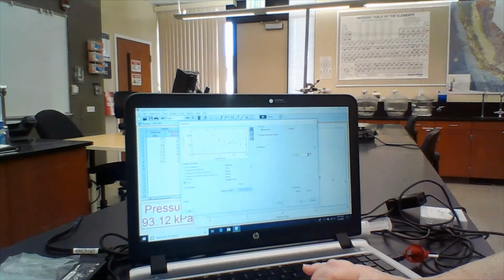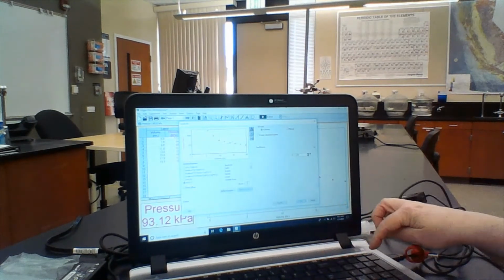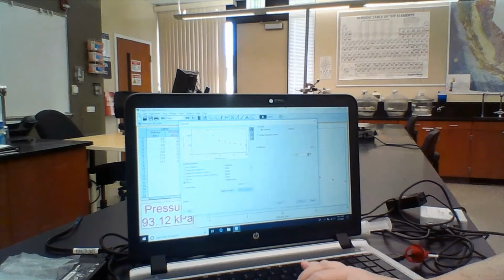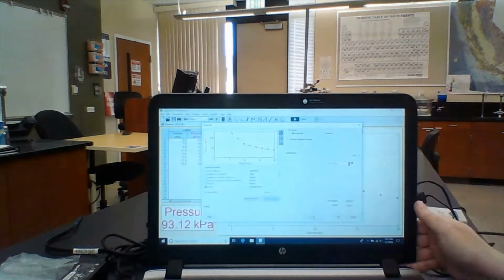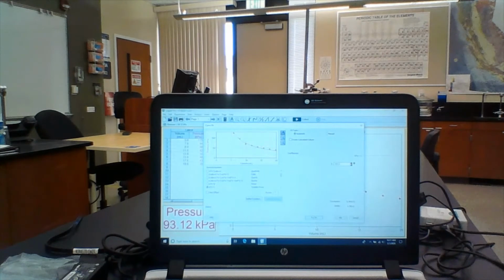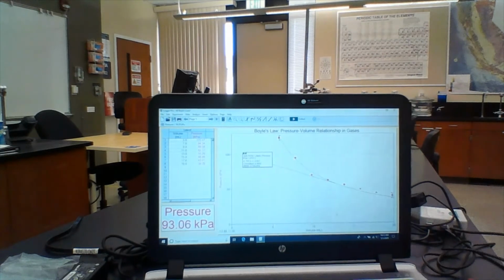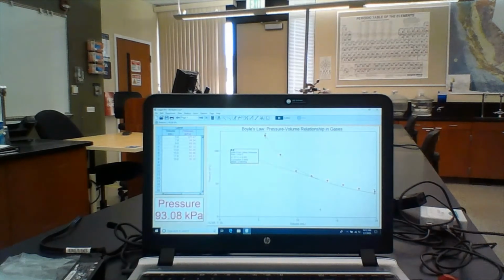You can see that doesn't work, so it's not a direct relationship. Let's try -1. And there. That's a very good fit on the line, and that's what we're going to put on our line. That shows that it's an inverse or indirect relationship.